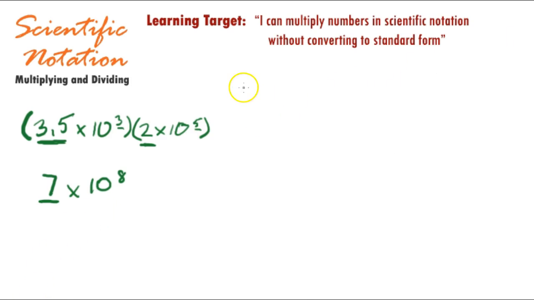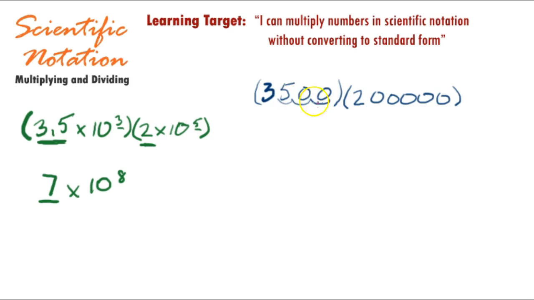Off to the side, I'm going to write both of these numbers in standard form. So 3.5 times 10 to the third is the same as saying 35, and move the decimal over 1, 2, 3 times, so it's 3,500. And then we're multiplying that with 2 times 10 to the fifth. That's just 2, move the decimal over 5 times, you end up adding 5 zeros.